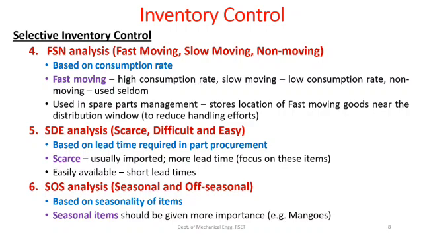For example, if a food processing industry uses mango as one of the major raw materials, mangoes are seasonal items. They are generally available in more quantity during the summer season. So items which fall under the seasonal category should be given more importance when we talk about inventory control. Based upon the seasonality of items, the SOS analysis classifies items as seasonal and off-seasonal, and seasonal items are the ones that should be given more importance.